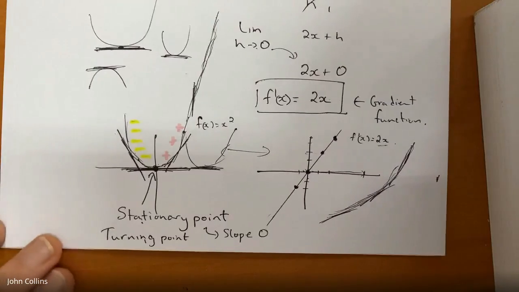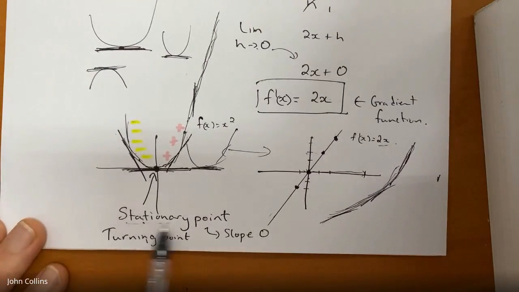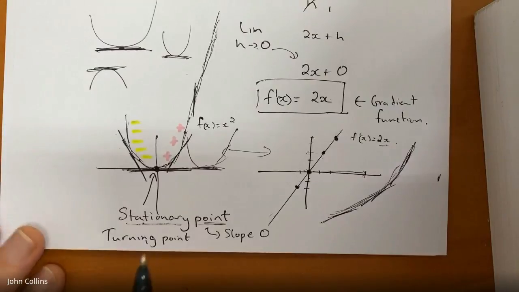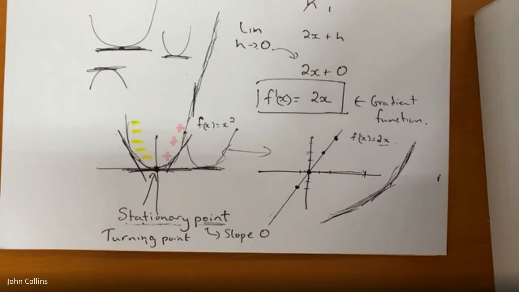Okay, so let's discuss what a stationary point is. Now that I've gone through it, Justin, tell me what you would think a stationary point means. That's when the gradient is 0. Yes, so the gradient of what? The gradient of the graph line.